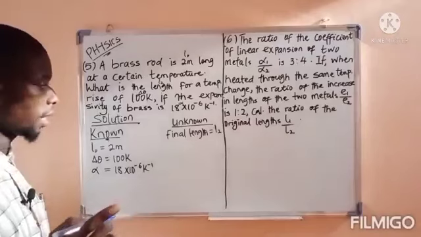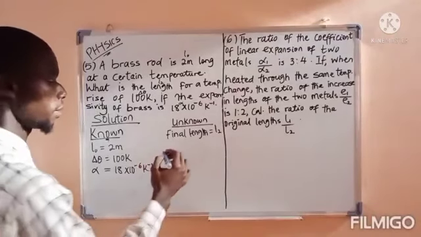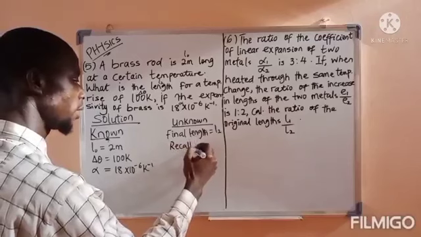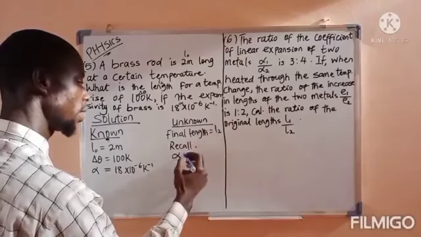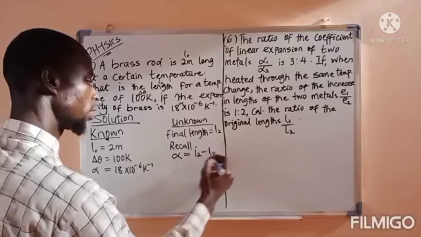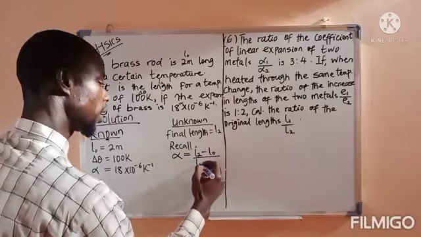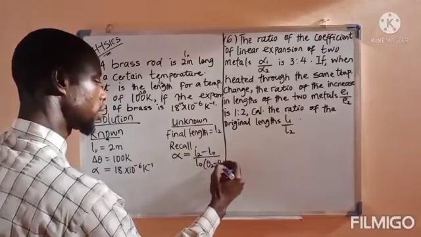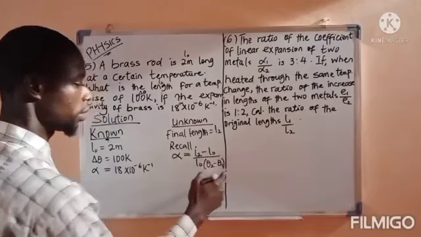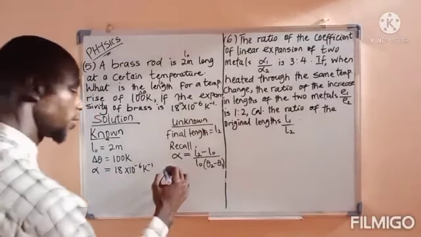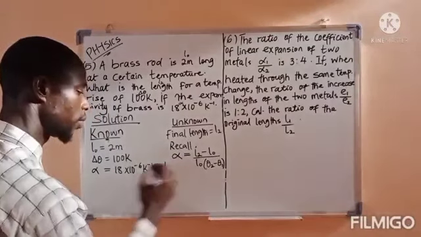Now, remember, there's a formula. Before that, recall your general formula, which is alpha is equal to L2 minus L0 all over L0 times theta 2 minus theta 1, which is the same as the change in temperature. Remember, I gave you a formula like this in case you're looking for L2.